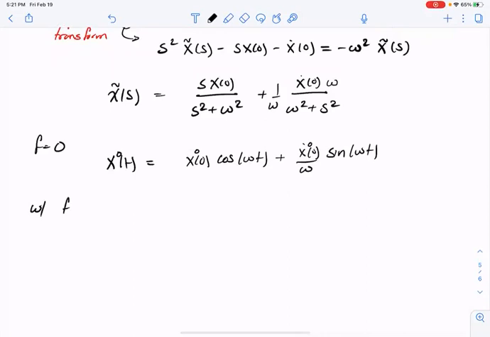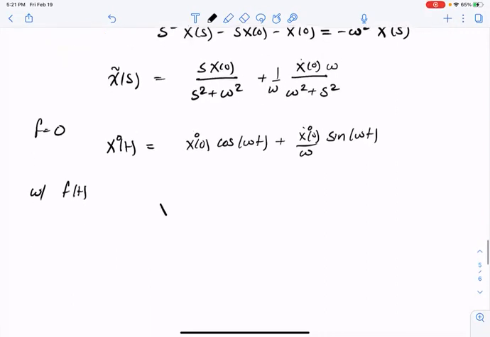With f of t, note what would have changed. I would have had x double dot equal to minus omega squared x plus f of t.